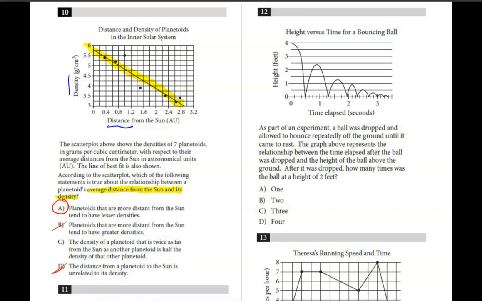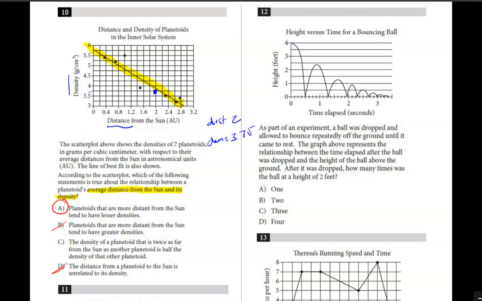The density of a planetoid twice as far from the sun is half the other one. Well, let's find 2 and compare them. If one is 2 away from the sun, so the distance is 2, that has a density of, it looks like, 3.75.